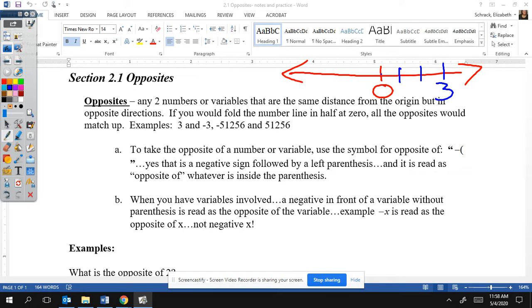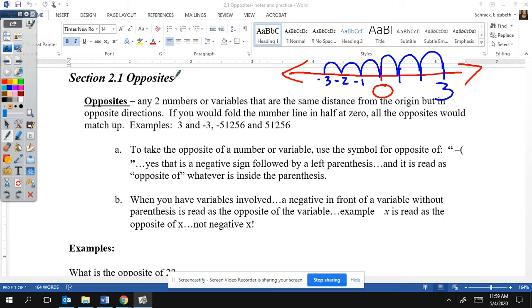Currently 3 is 1, 2, 3 jumps away from 0 on the number line. So to find the opposite of positive 3, we're going to go 3 jumps to the left of 0. So 1, 2, 3. This would be -1, -2, and obviously the opposite of positive 3 is -3.